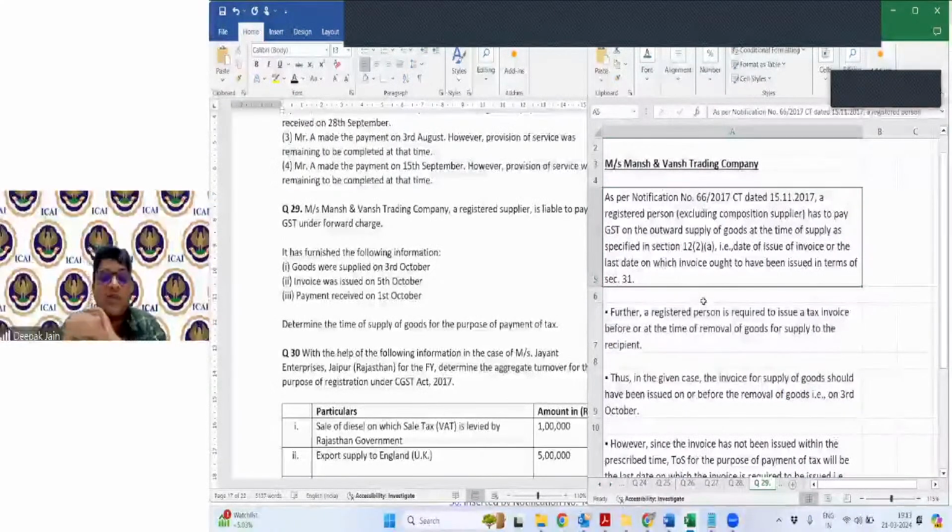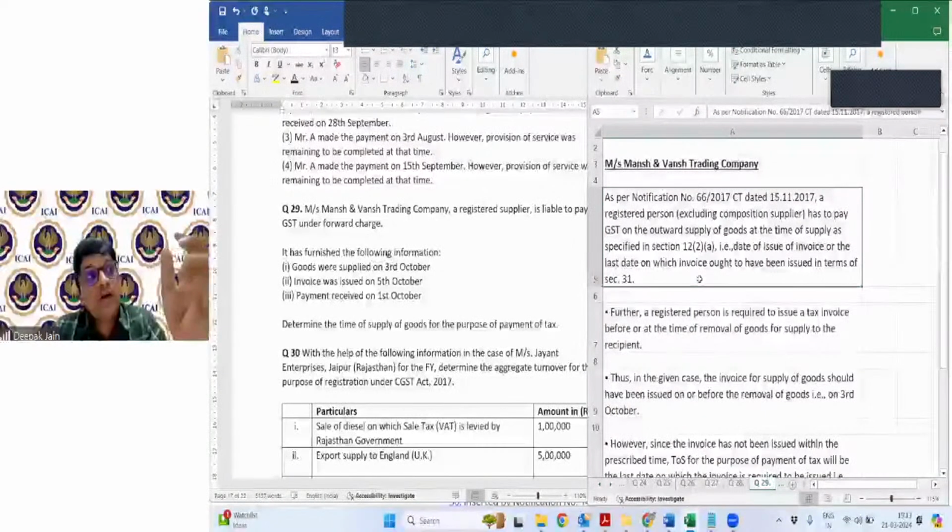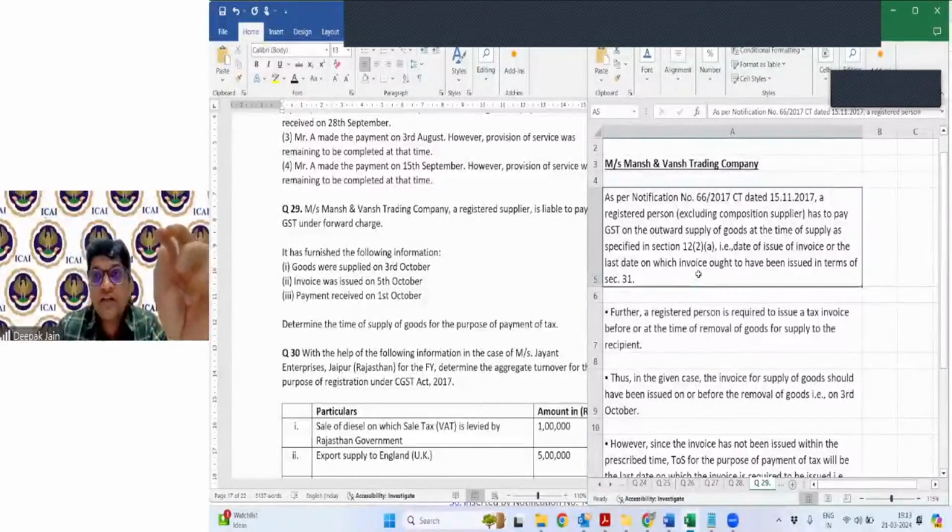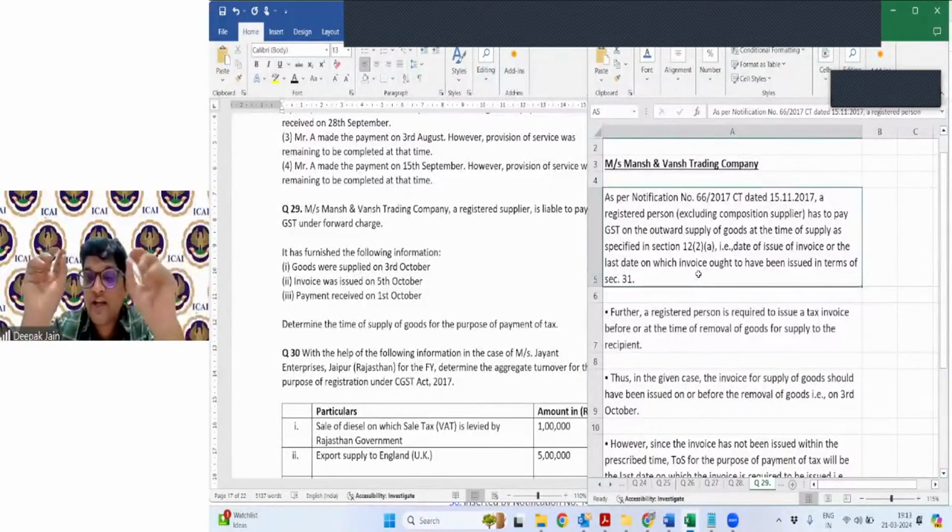Did not understand question number 29. Question 29 का solution ये बोलता है कि where it is supply of goods, time of supply will be the date of issue of invoice, actual date of issue of invoice, or the last day on which invoice ought to be issued. कि आपको कब invoice raise करना चाहिए, वो date या फिर actual date of issue of invoice, whichever is earlier.